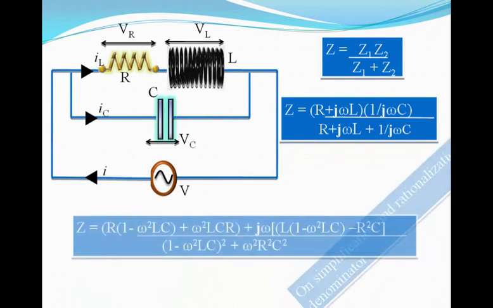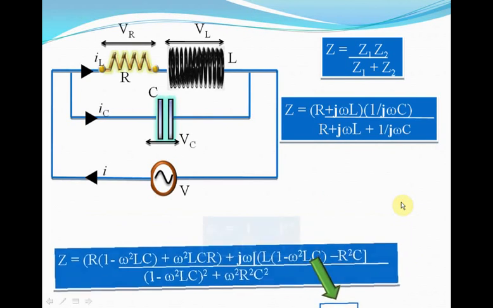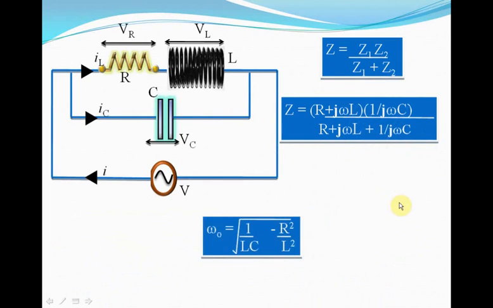When we rationalize, this is what we get. As you can again clearly see, this is the real part of Z and this is the imaginary part of Z, beyond j. Now when we put the imaginary part of Z to 0, that is, when we put this part to 0, what do we get? We get this condition. And this is the condition for resonance in case of a parallel circuit.